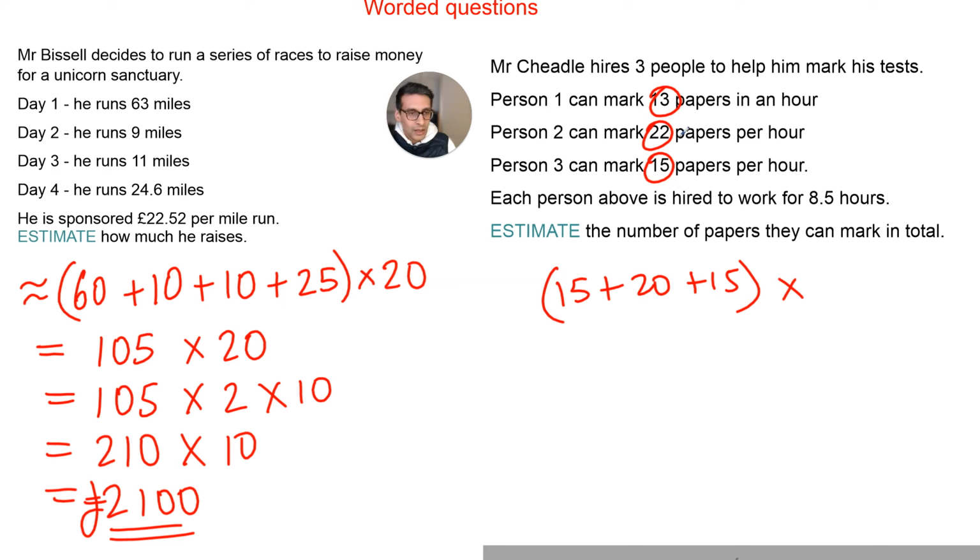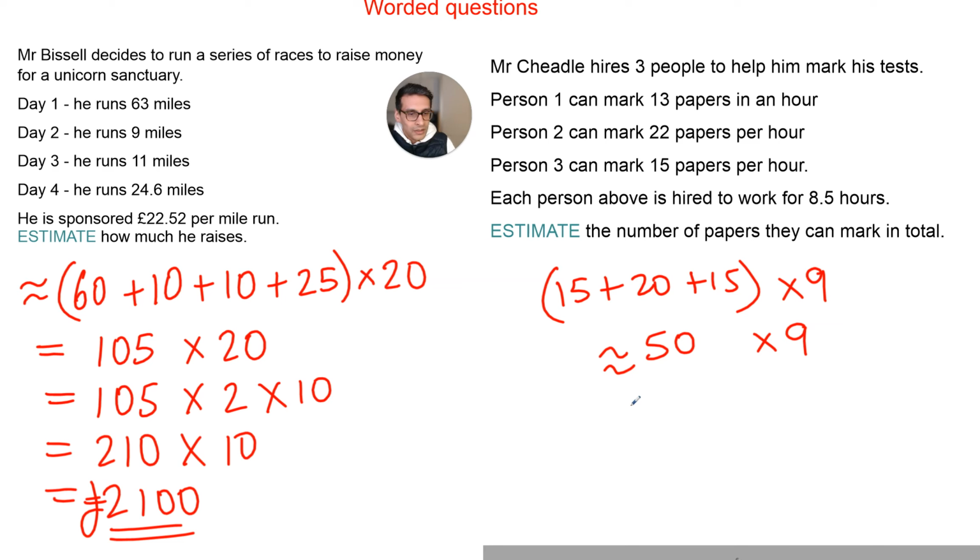And we're going to multiply that by, and we're going to decide this number in a second after we do this addition. So 15 plus 15 is 30. 30 plus 20 is 50. And then we are going to multiply it by, now 8.5, we might make that into 9 rather than 10. You may have decided to make it 10 and that would actually probably be fine.